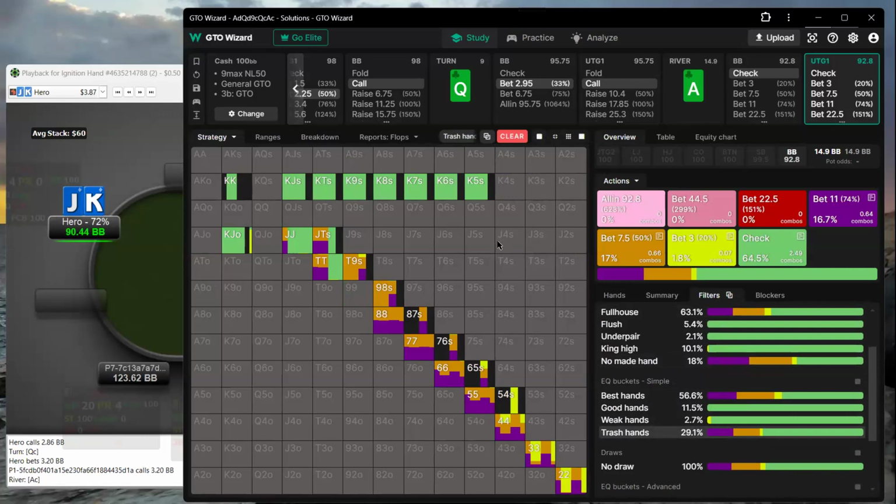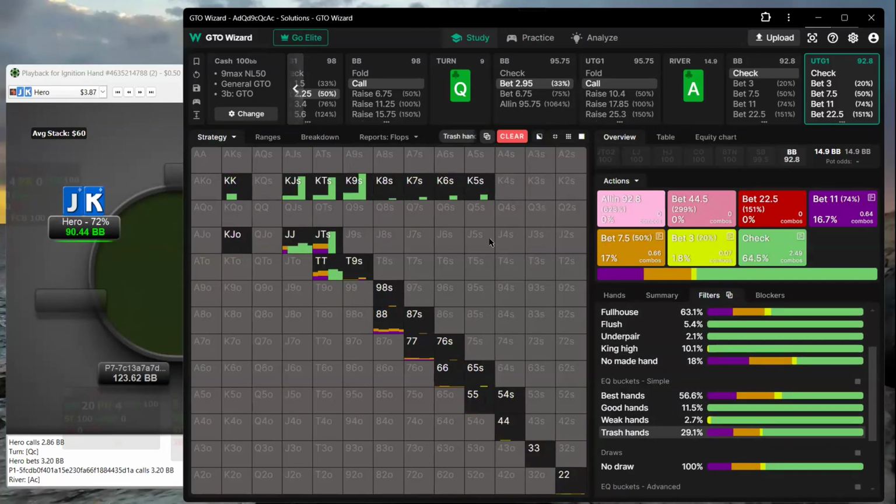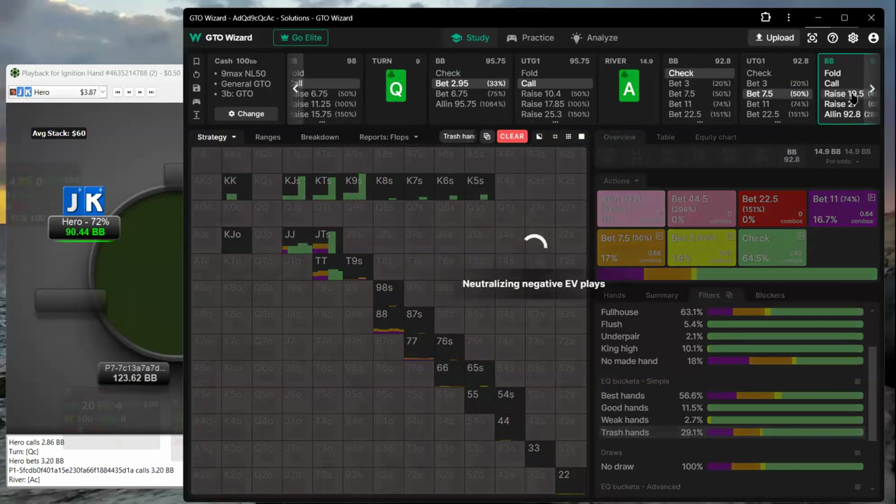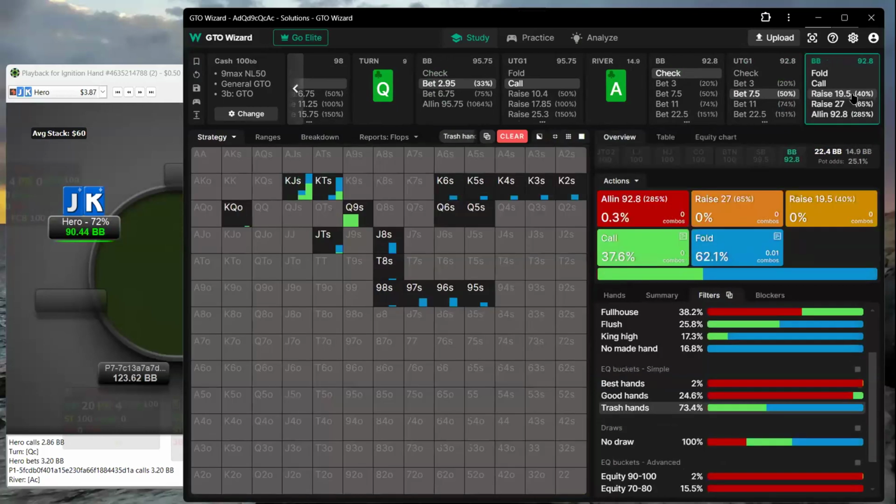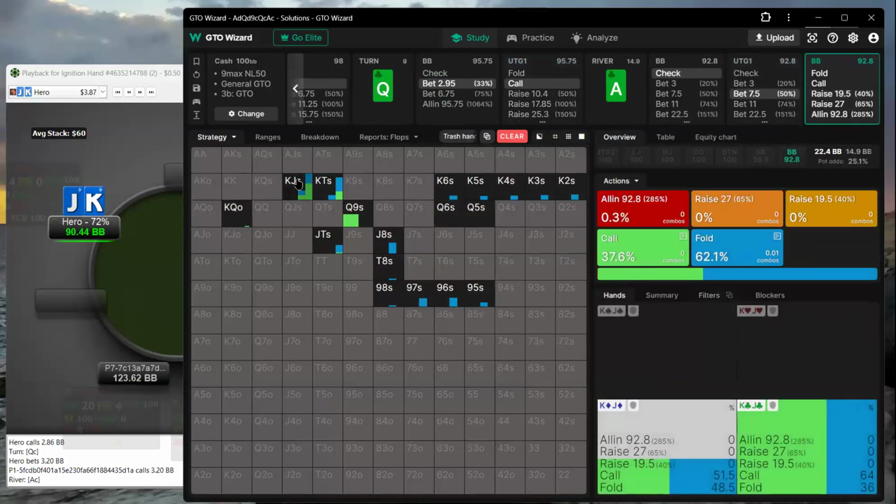All your pairs can be counterfeited. Jack high checks at some frequency. Looking at the range of trash hands, we're not bluffing as much as we often do with trash hands, considering the action. It's coming from these binder pairs.